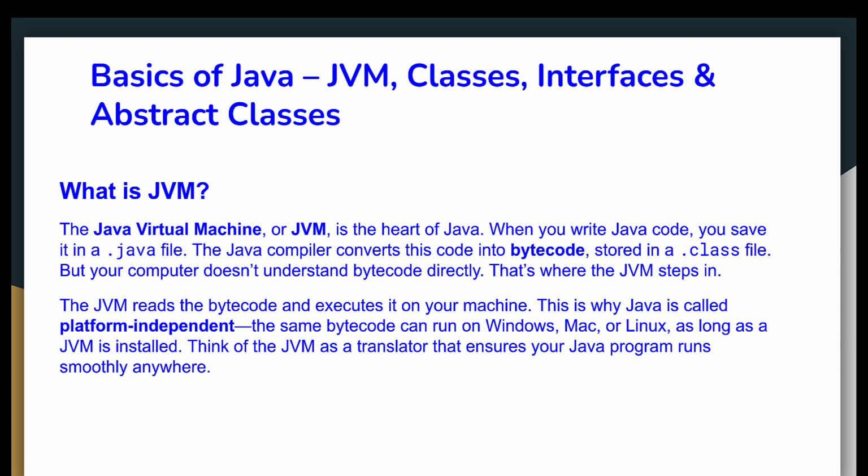It can also work on Mac, Linux or any other operating system, because the class file is converted into the machine readable format by the JVM. So each machine has a JVM, so that would convert into machine readable format, and the same code can execute on any platform. So Java is also called platform independent because of this reason.